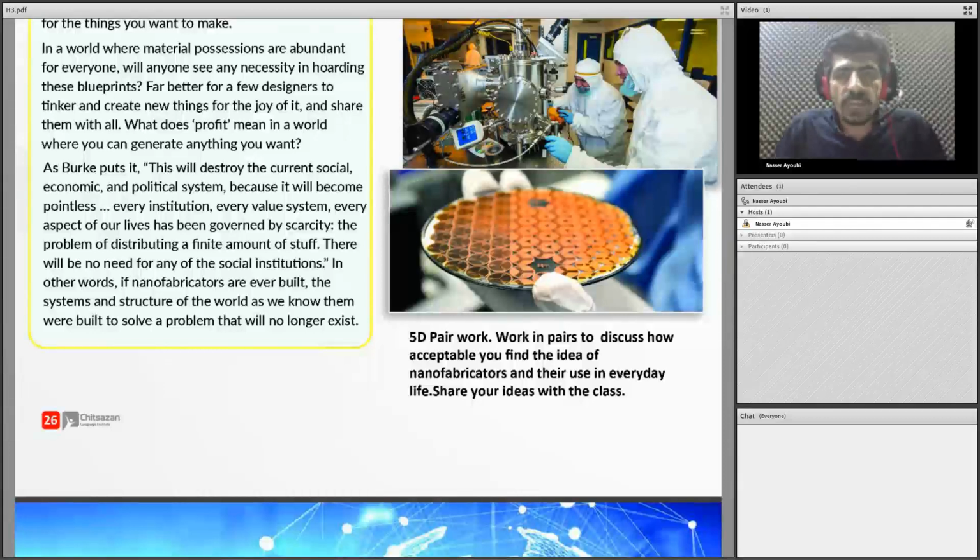The materials we have are finite, are limited, and there is a problem of distributing this limited material among the people, because of mismanagement, because the governments, the ruling systems, cannot manage this fair distribution of stuff.